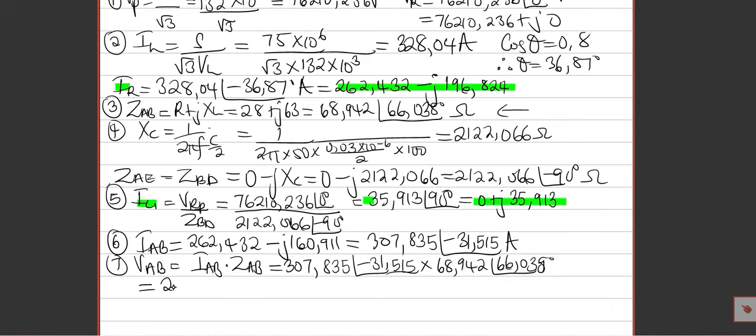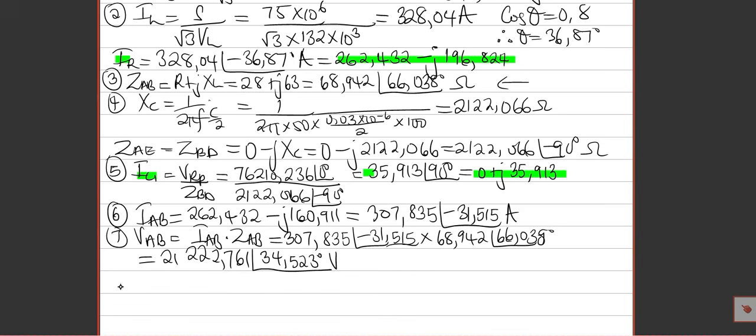Some of these answers scare us when we see them, at the angle of minus 31.515 plus 66.038, which is 34.523 volts. The reason behind all of this is to find VS phase.